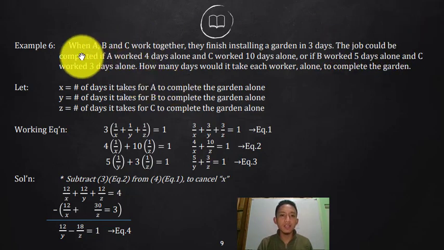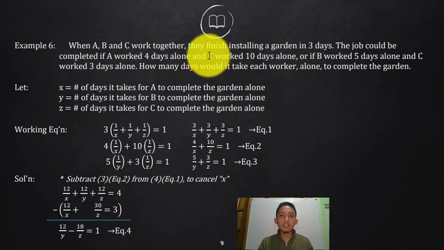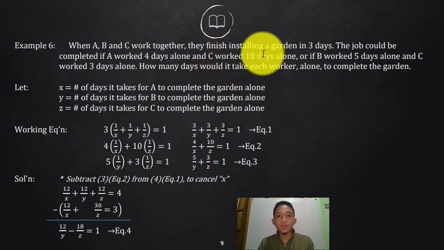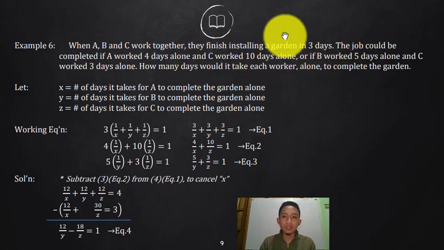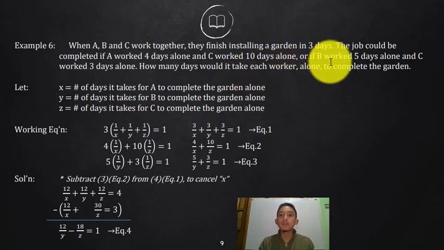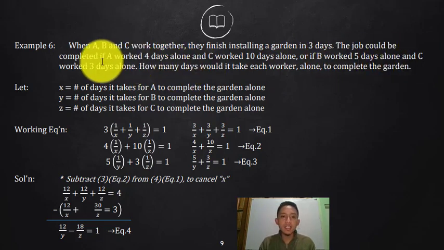That could also be done if A works 4 days alone and then C works 10 days alone. So it means they will help together. A will work for 4 days and then C will work for 10 days. The garden will also be installed. Or another situation here, B will work 5 days alone and C will continue for 3 days alone.